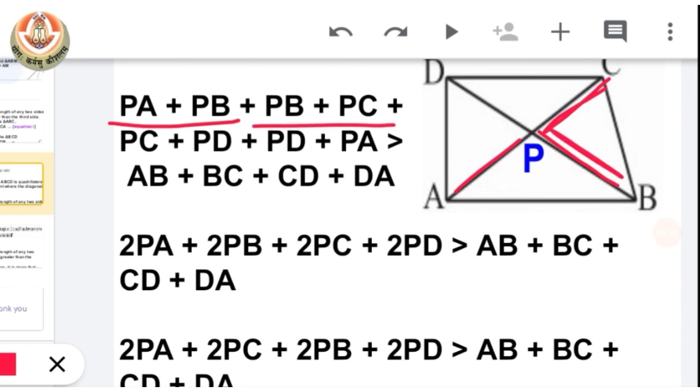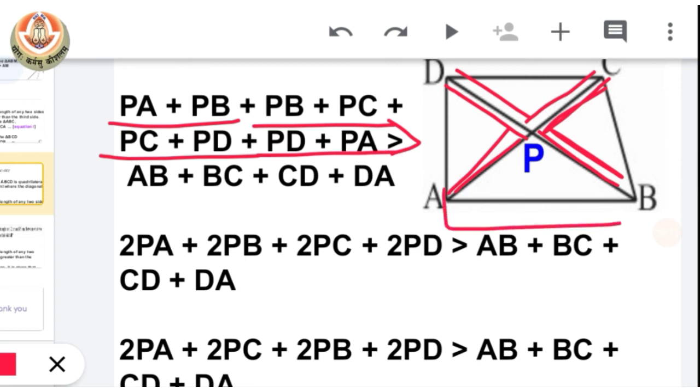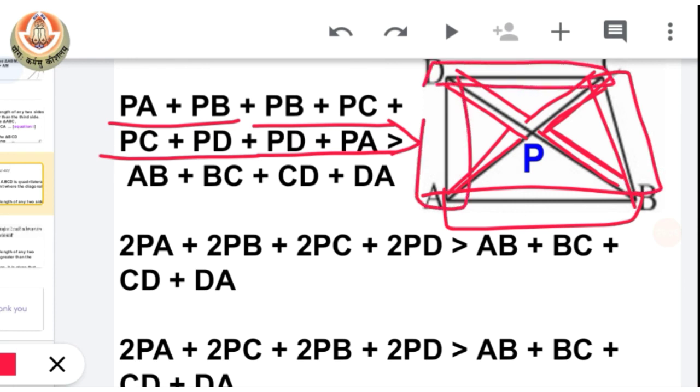For the third triangle the sum of DP and PC, where PC is repeating. For the fourth triangle we get DP and AP again, with the greater than sign. On the other side we have the sum of all the sides of the quadrilateral, meaning AB plus CB plus CD plus DA.